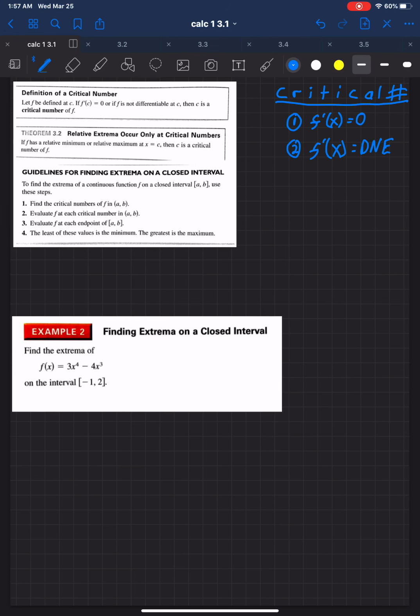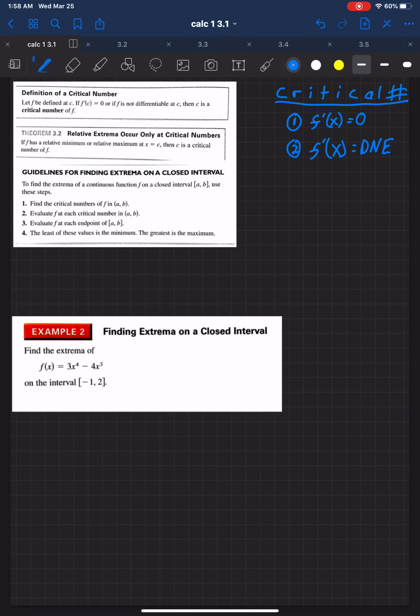Are you with me? That's what we call critical numbers. On that previous page, where the derivatives were 0 and the derivatives do not exist, as long as that x value is defined on the real function, that's what we call a critical number.